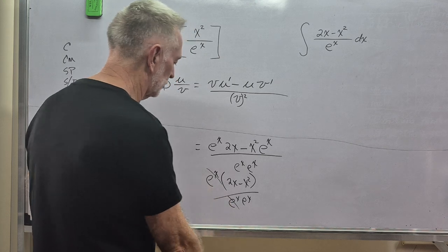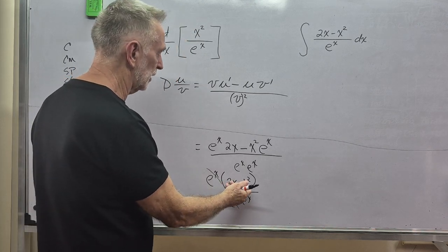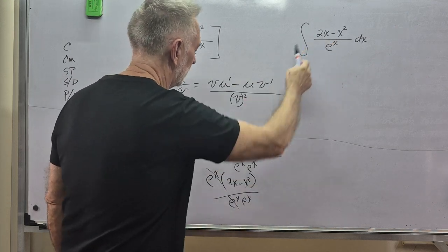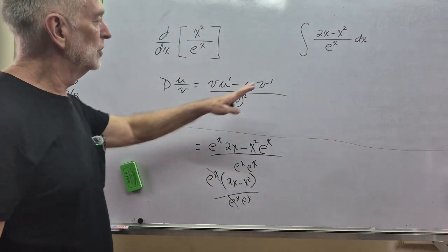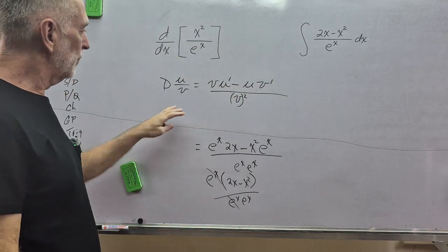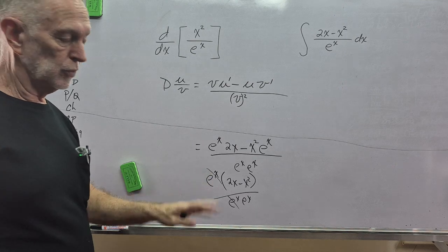One of those cancels, and I'm left with 2x minus x squared over e to the x, which is what I have here. That's what I'm going to integrate in the next video to see if I get back to where I started. So that was the quotient rule.